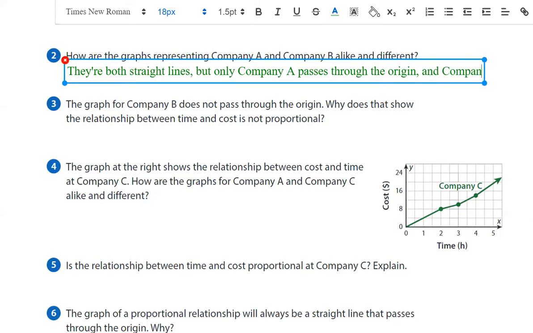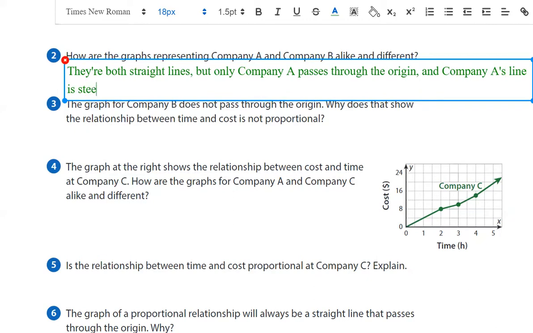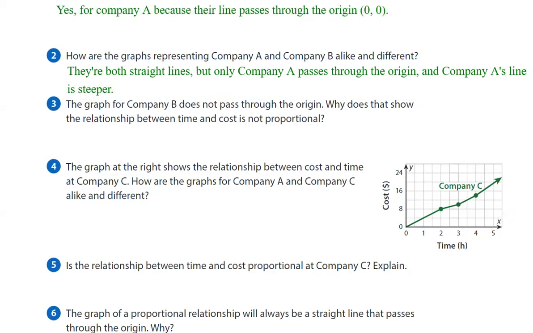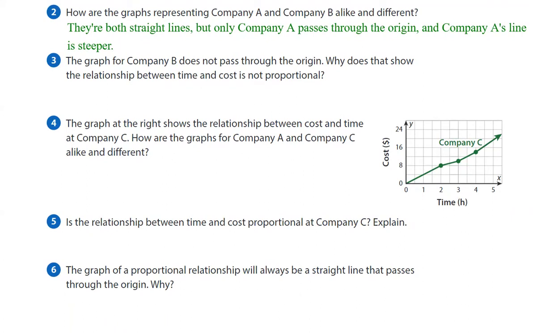And company A's line is steeper. It has a greater slope, I should say, but we'll get to that later. Number 3, the graph for company B does not pass through the origin. Why does that show the relationship between time and cost is not proportional? Let's see, how can we word that?